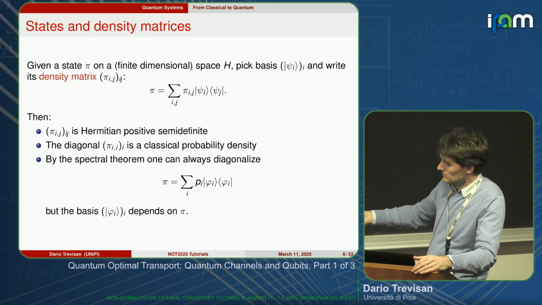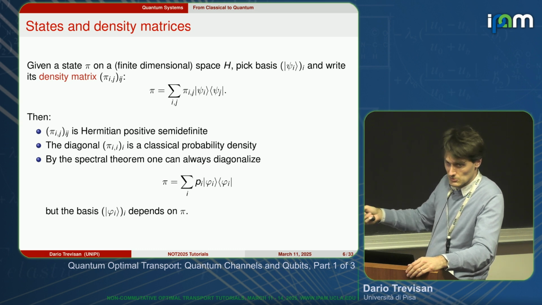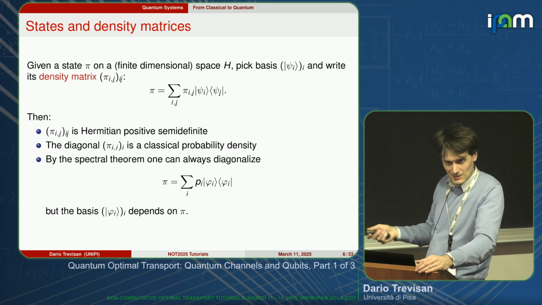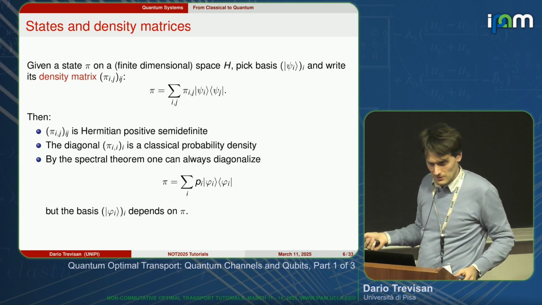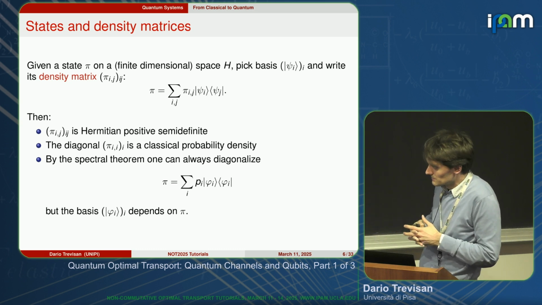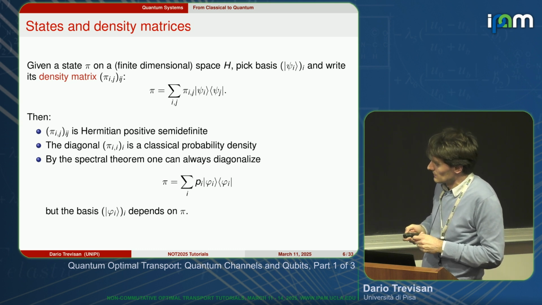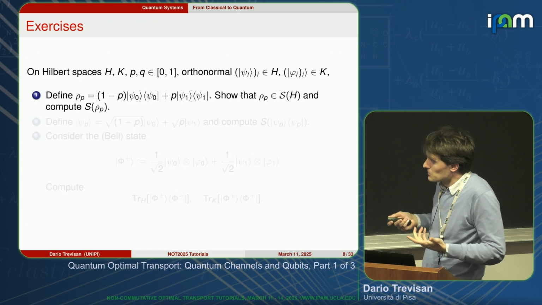But more generally, if these phi I are not orthogonal, but you still do a summation, maybe also infinite, over a family of phi i's such that the pi's sum to 1, this will also give you an ensemble and a representation of a state. But this, if you want, is the canonical way using the spectral theorem. There are many ways to think of quantum states, and all of them may be useful.